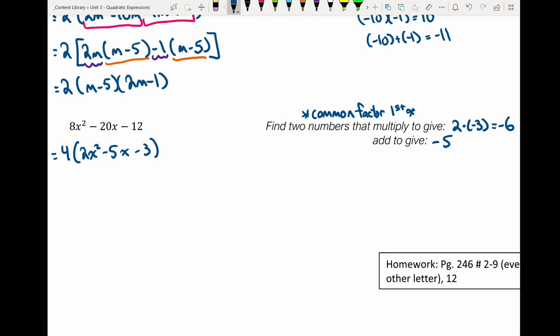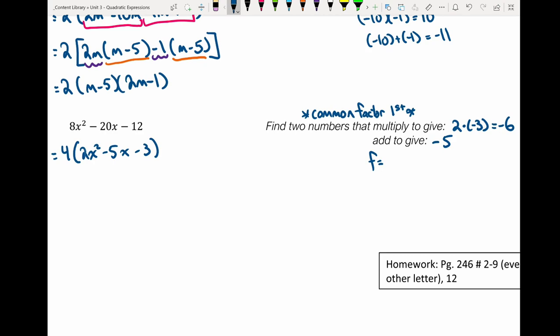So this one's a little different because my sum is negative and the product is negative over here of what we're trying to find. So that means my factors, one has to be positive, one has to be negative, and the larger number has to be negative.